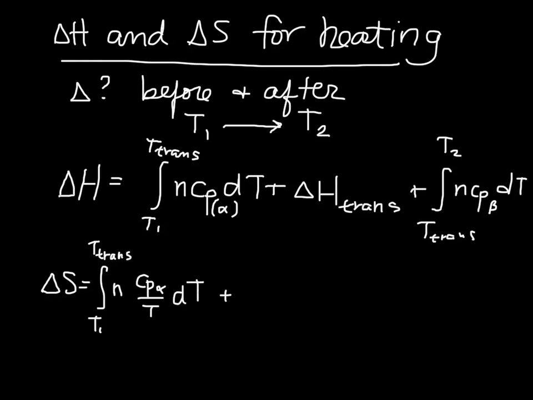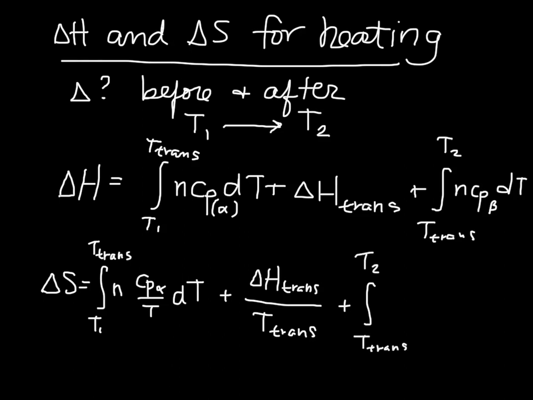For a change in entropy that occurs at the transformation temperature, we can write that as delta H trans divided by the temperature of transformation, and then our second integral of nCp of the second phase divided by T dT.